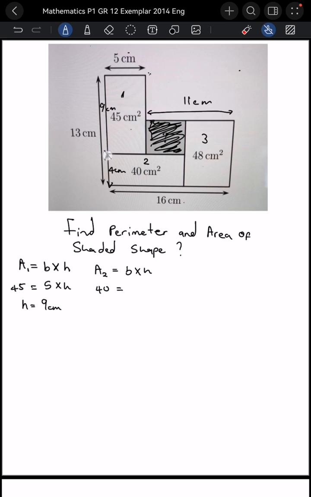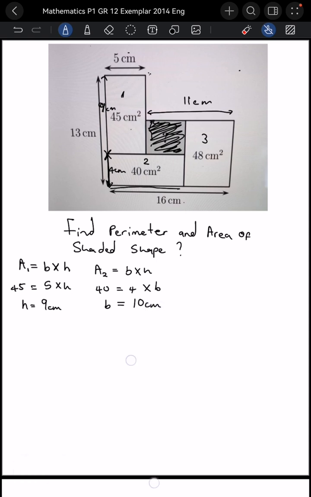If all of it is 13, therefore the small part that is left at the bottom is going to be 4. So the height of area number 2 is going to be 4, times the base, which we do not know. So what we come to is that the base of area number 2 is going to be 10 centimeter. Okay, cool. Now we're finding things.